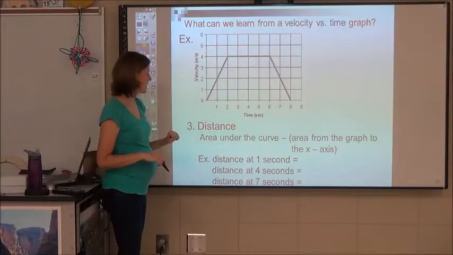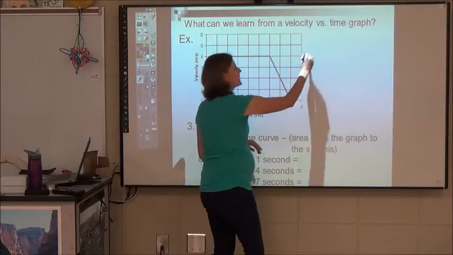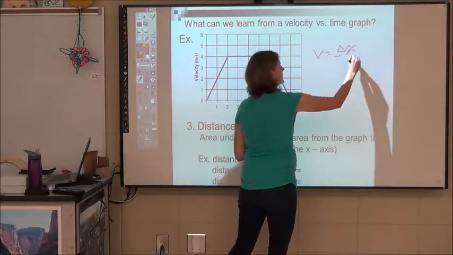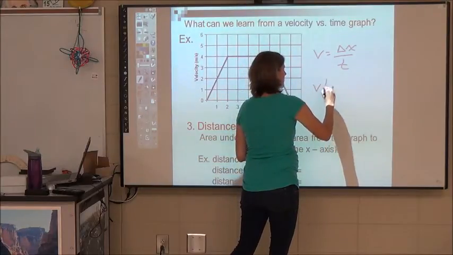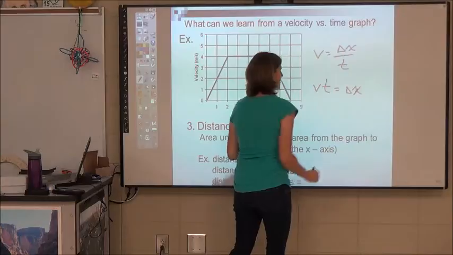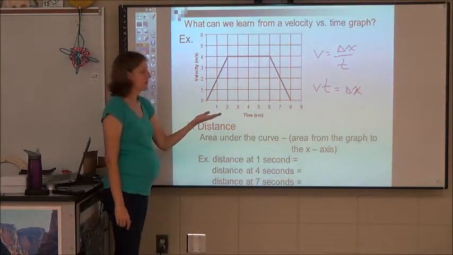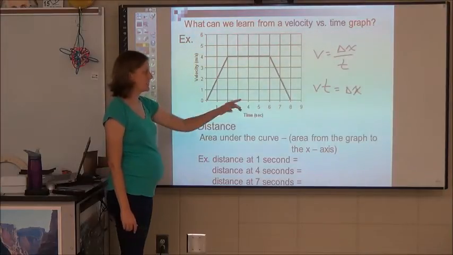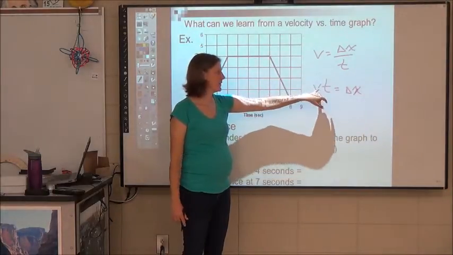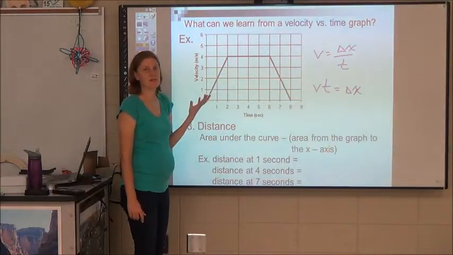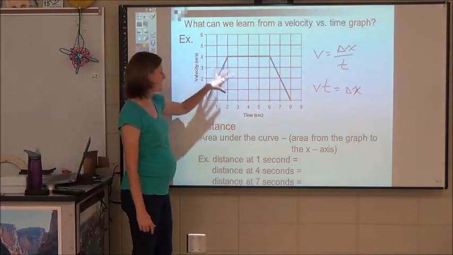But again, this is a velocity graph. We can get position by doing velocity times time. But you've got to be a little careful, because it's not like I just pick one velocity. My velocity is ever changing. I still, though, have the idea of velocity times time.